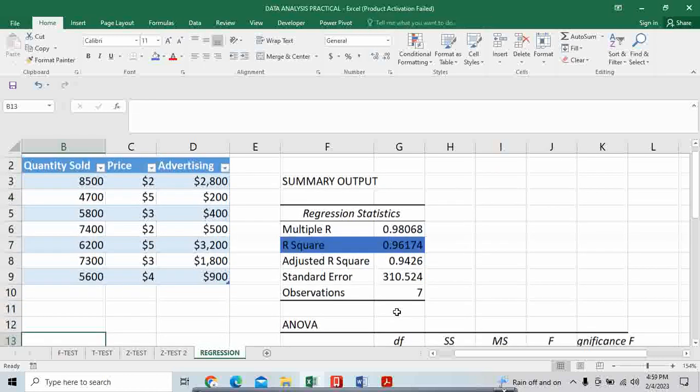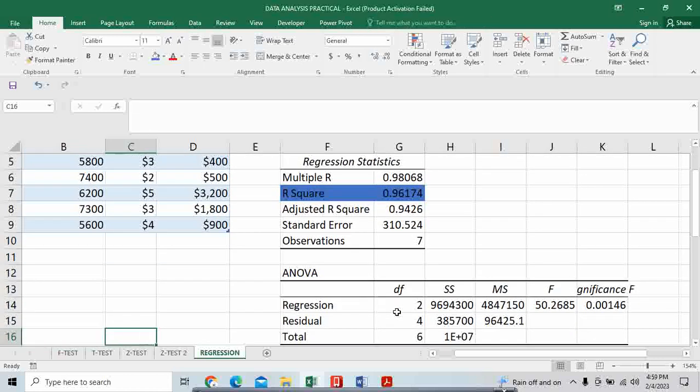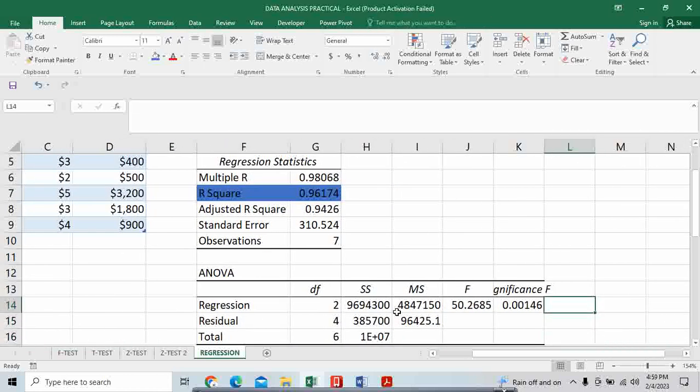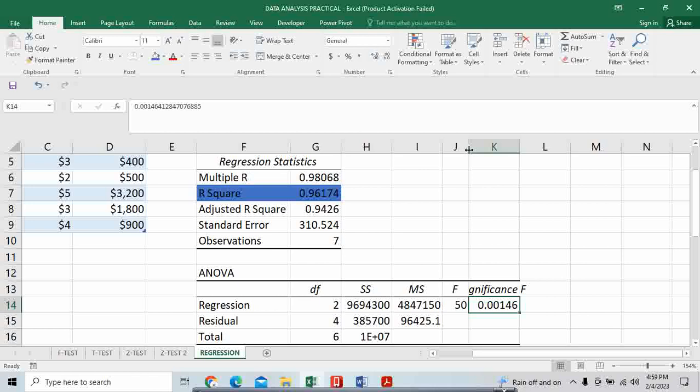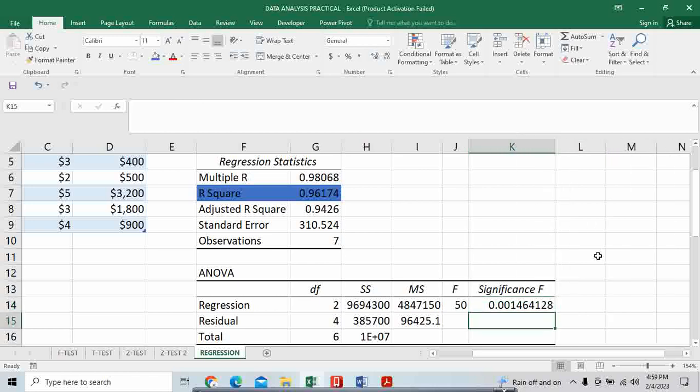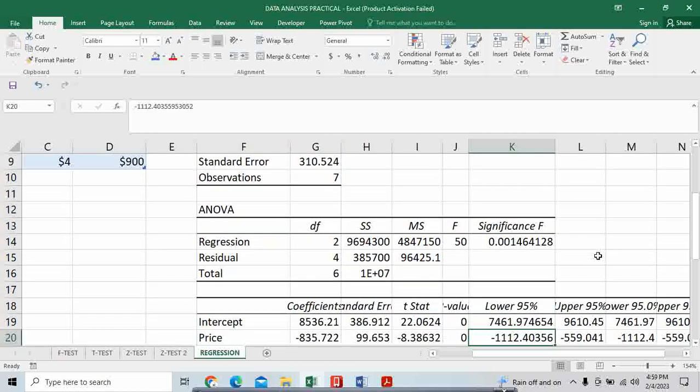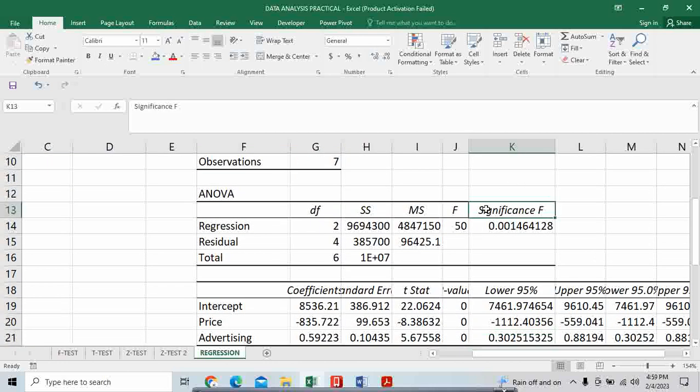There are some great things that we can also discuss under the ANOVA value. So let me try to increase the size of these tables or columns. Under the ANOVA, I'm only interested in this part, the significance F. Why am I just interested in this?